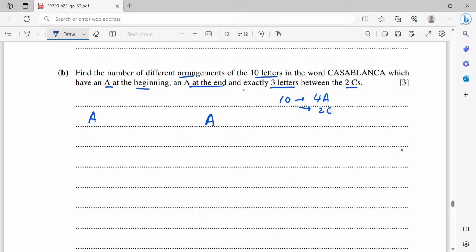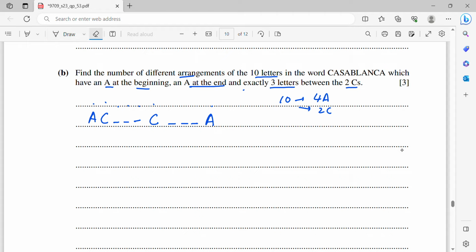So I will say that this is a C. After that, 3 letters, and there will be another C. So 1, 2, 3, 4, 5, 6, 7, 8, 9, 10.